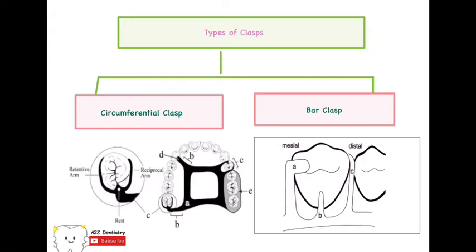The next variety is the bar clasp. As the name indicates, remember it as a vertical rod or something like that. Its shape resembles a bar, it is kind of vertical, and the rest is attached to it. So our circumferential clasp encircles the tooth as a whole, and the bar clasp is a vertical type of clasp. We'll be studying both of these in detail in upcoming slides.